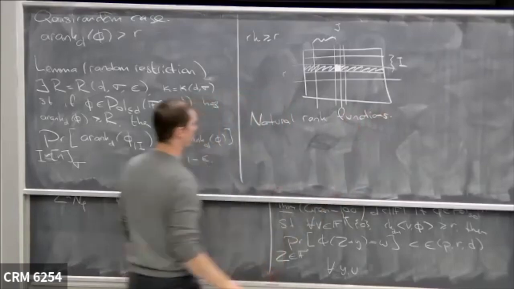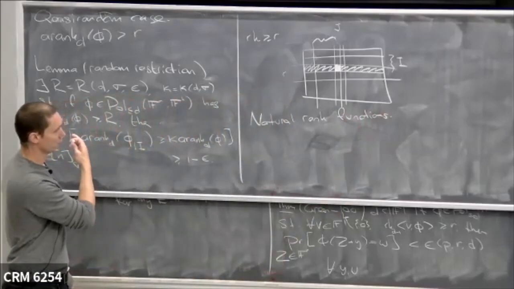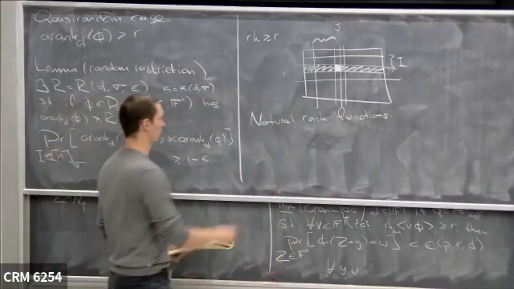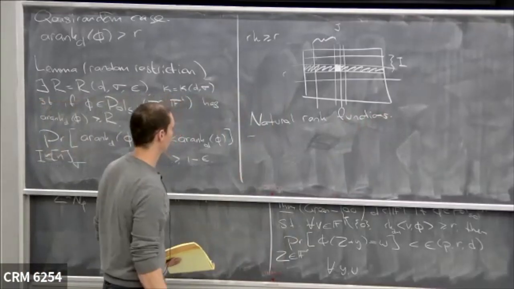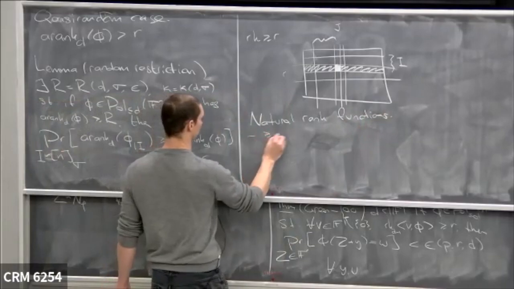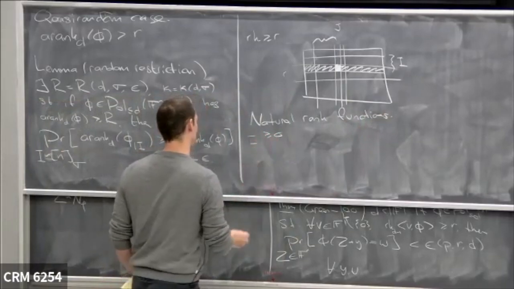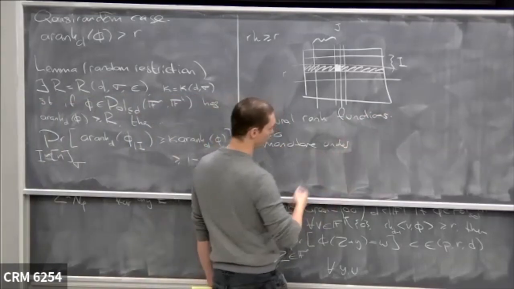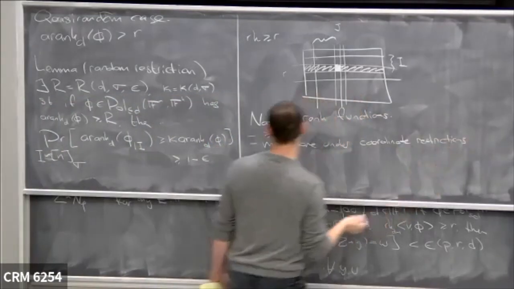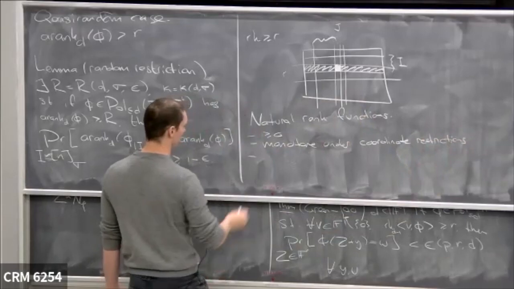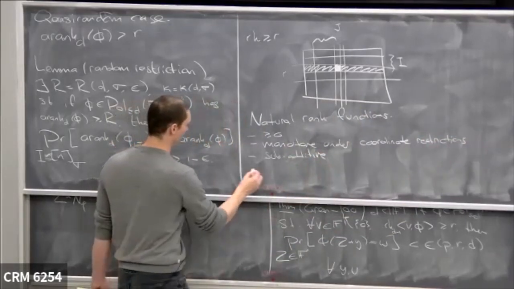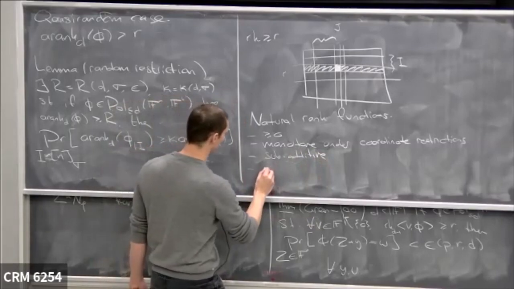And we say that a rank function on a set of polynomials, polynomial maps, or tensors is natural if it satisfies a number of criteria. So it has to be non-negative, it has to be monotone under restrictions, by which I mean coordinate restrictions. It has to be subadditive, so the rank of a sum is at most the sum of the ranks, and it has to satisfy a certain Lipschitz condition.